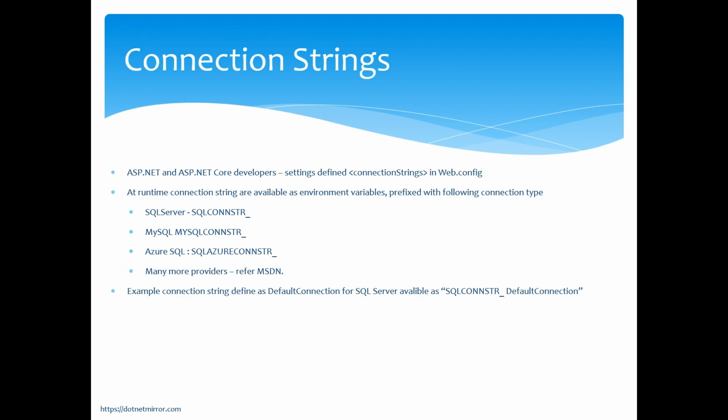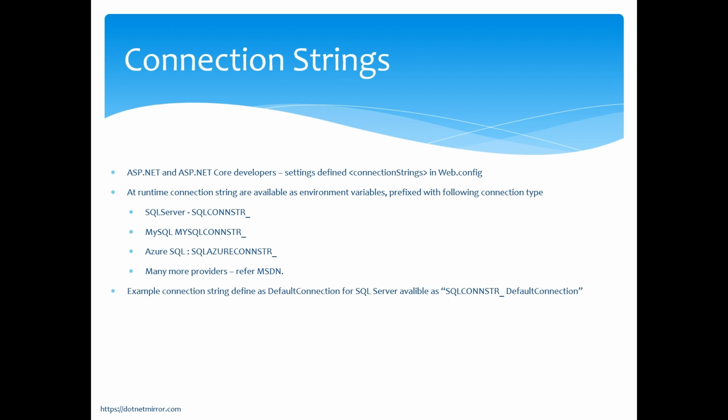Also, you can define connection strings in app settings. Again, if you're a .NET developer, anything you defined as a connection string in web.config can go to connection strings within app settings. If you're a non .NET developer, like a Node or Python developer, when you want to read these settings in your code as environment variables, always use a prefix.